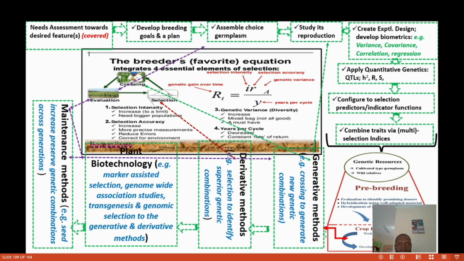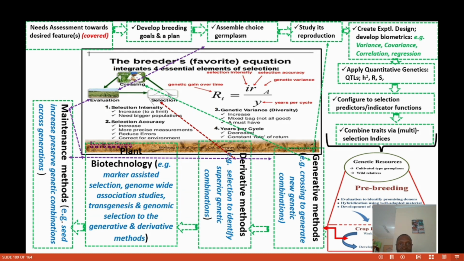Therefore, in any breeding program, you want to assess the needs of the producer, who is the person to produce the new cultivar. What are his or her needs? So that you engage in the production of a new cultivar knowing exactly which needs you are fulfilling. And that requires needs assessment.